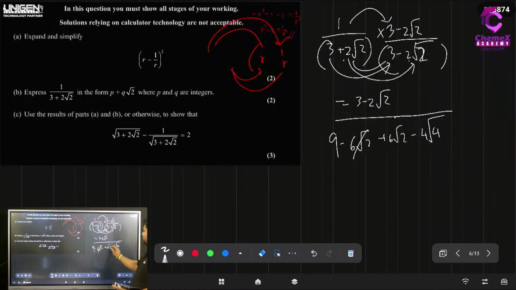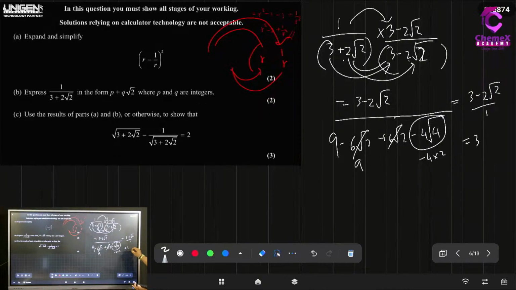These two cancel off. This becomes minus 4 into 2, which is 8. So 9 minus 8 is 1, right? So the answer is 3 minus 2 root 2 over 1, which is 3 minus 2 root 2. Any doubts? Without using a calculator, okay? 2 marks.